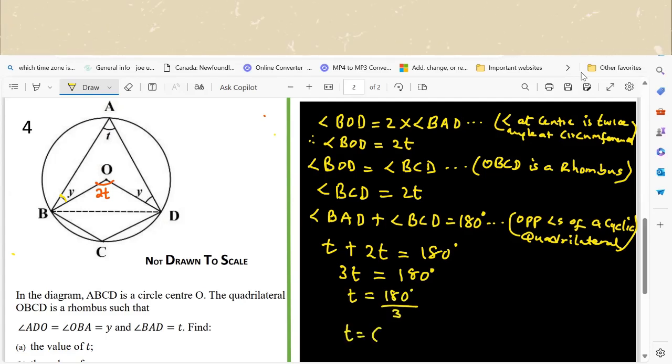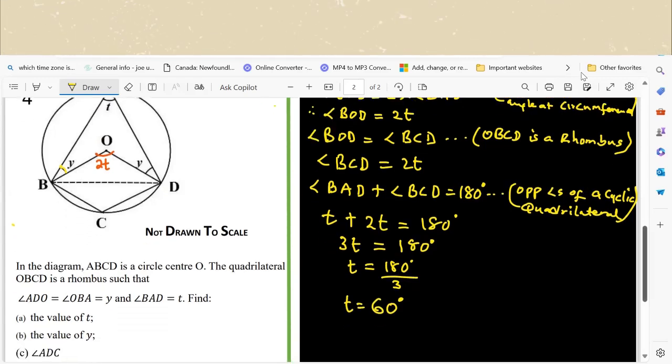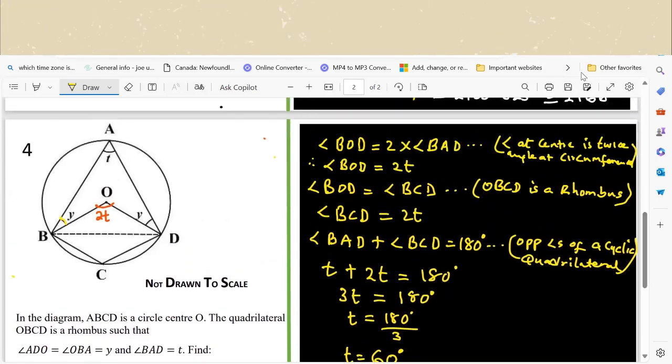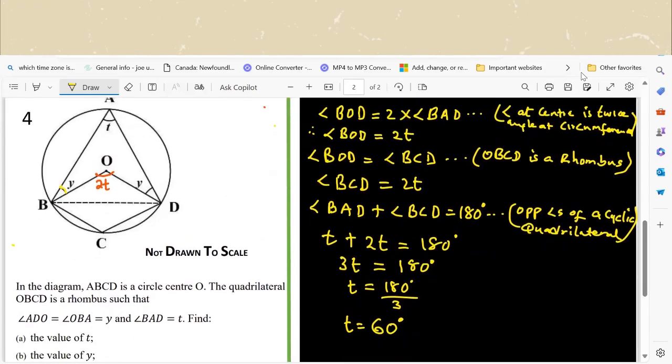T is 60 degrees. So we found the value of angle T as required. So we'll move on to the second part of that question to find the value of Y. For us to find the value of Y, let's go back to this diagram and do some adjustments for us to get the value of Y.